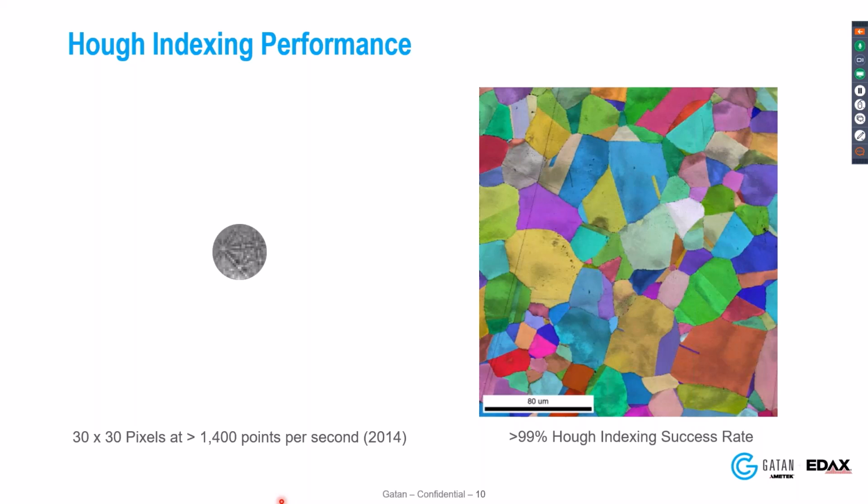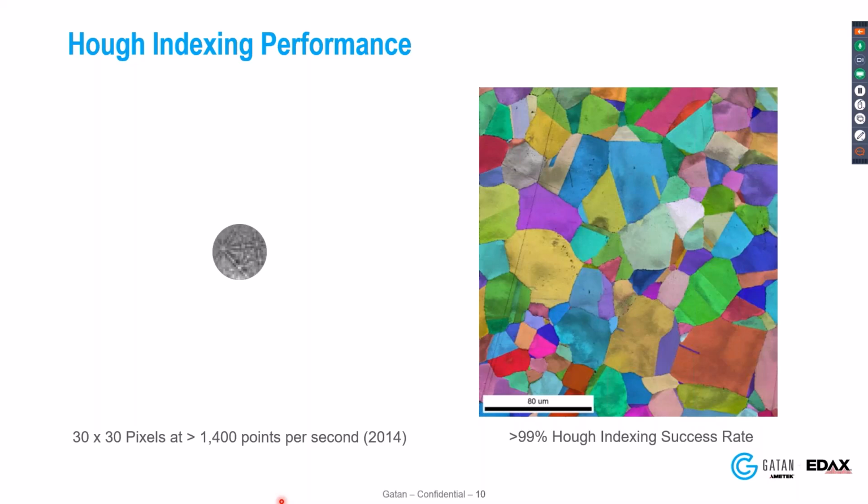So one thing that's important to note with all indexing, the computer's doing the work. You're going to rely on the computer to find and match and determine the information that's in the pattern, and the computer can often do much better than your eye as the signal to noise goes lower.